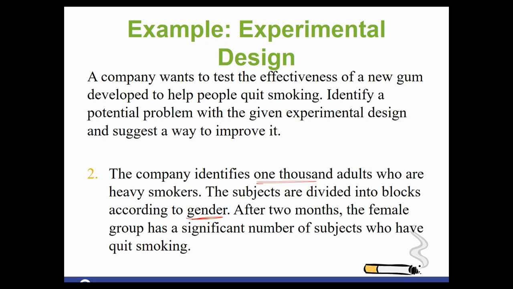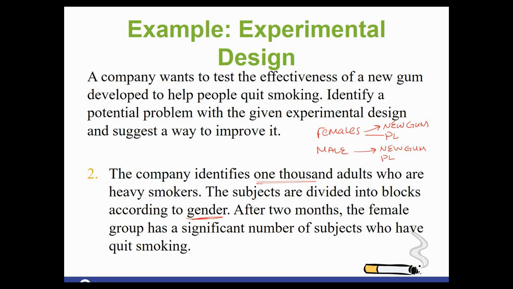But then we're missing something. It never tells us, once we've split it into gender, whether the gender got one of each. So did the females get the new gum and the placebo? And then did the male group get the new gum and placebo?